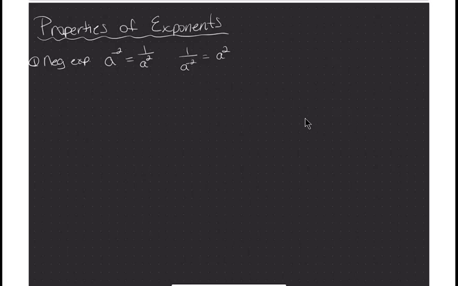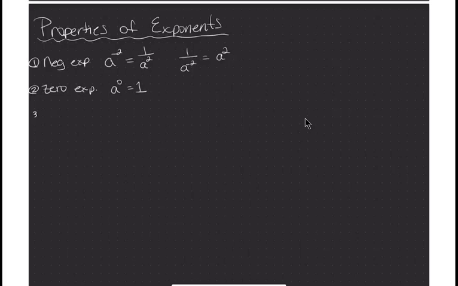There is the 0 exponent property, which just says that any number raised to the 0 exponent is always going to equal what? Yep, 1. Good job. Next is the product property.